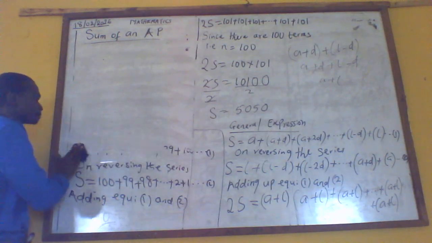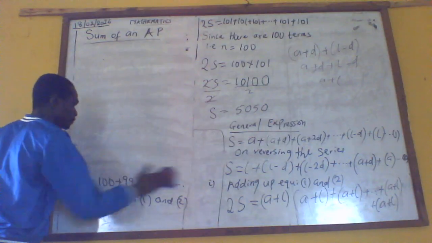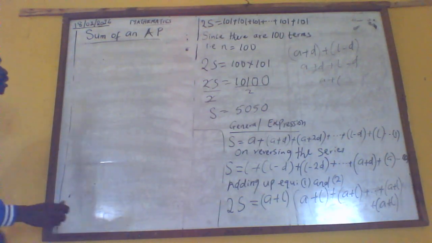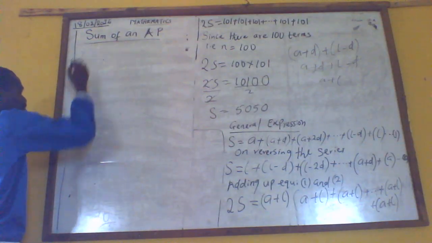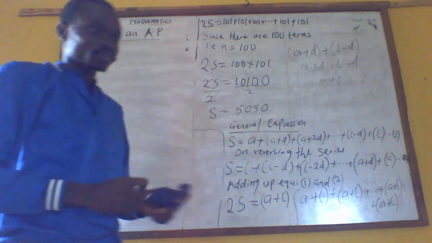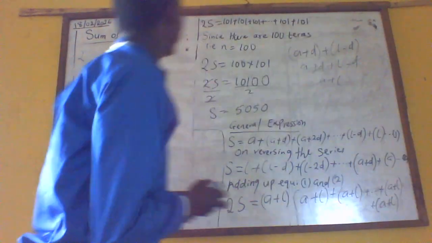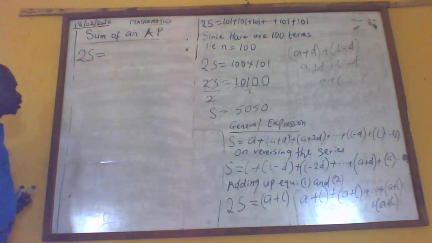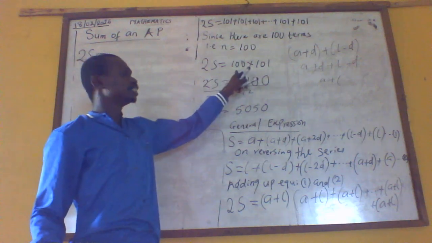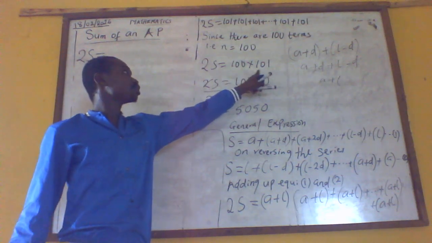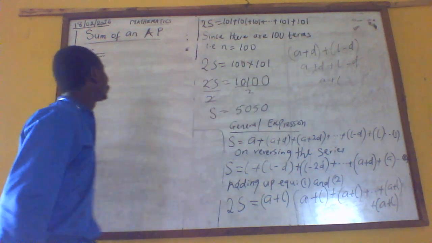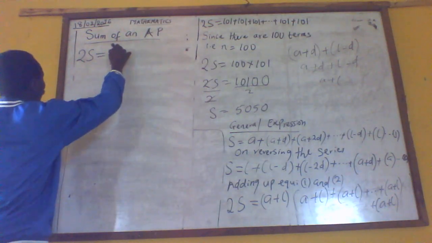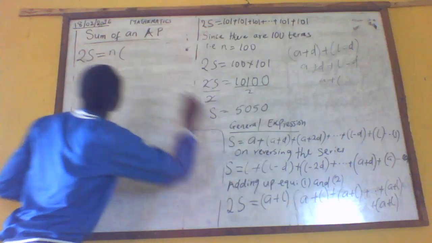So in that case, we have 2S equals, like what we did here. We said the number of terms multiplied by the first term, right? N into what I have here?